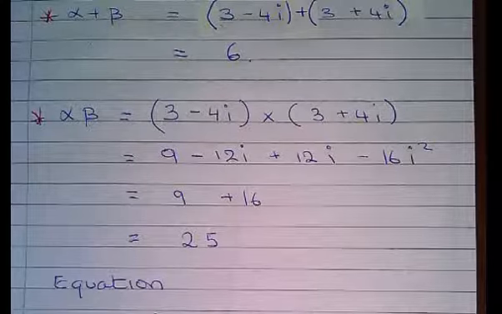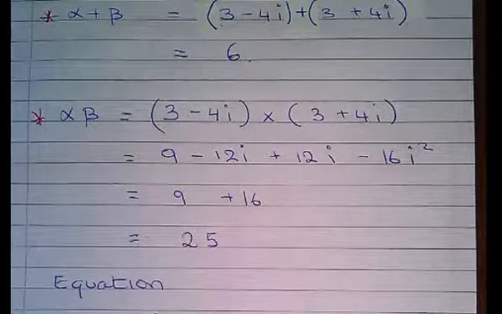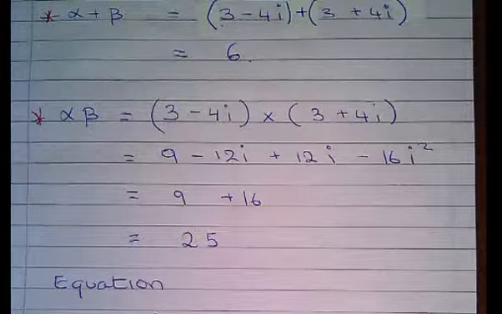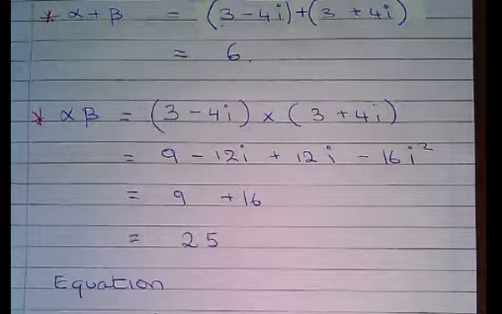I've worked this out the long way here, but equivalently that is also the difference of squares. So that would be 3 squared minus (4i) squared, which gives 16 i squared, which would be plus 16.